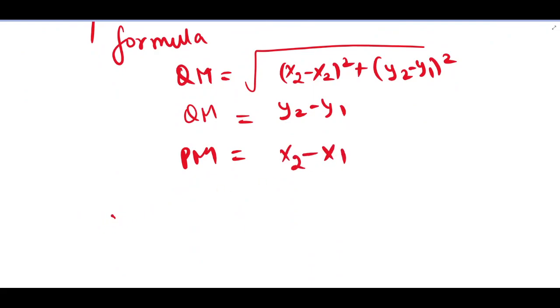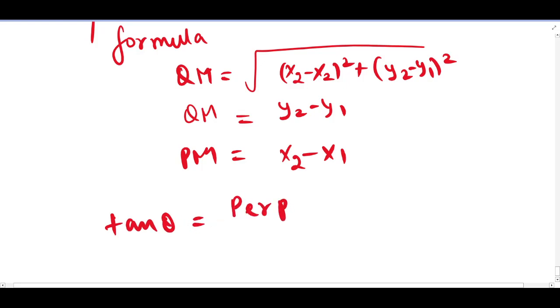By the definition of slope, tan theta is equal to perpendicular upon base from the trigonometric identity.